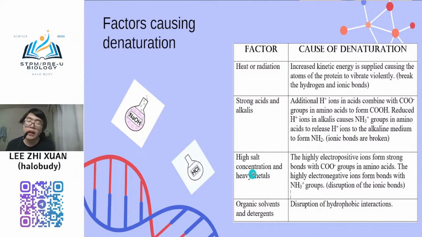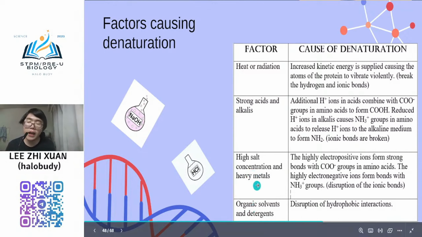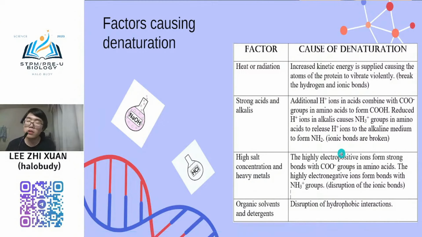High salt concentration or heavy metal can also cause it. Normally this one is high salt concentration, because you can form very electropositive ions that form a strong bond with the carboxyl group in amino acid. Meaning that this one is according to the ECS, electrochemical series.